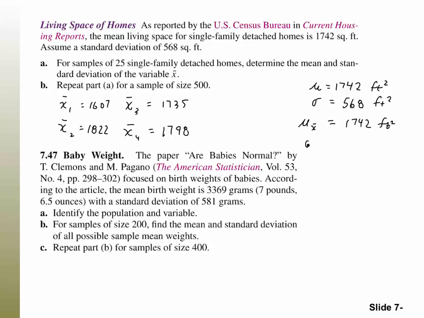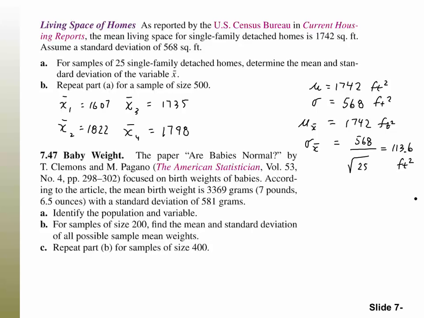And then what about the standard deviation of sample means? So that depends on your sample size, right? For a sample size of 25, it's going to be 568 over 5, 568 divided by 5. So with bigger sample size, we expect the means to be crowding in around the actual mean.